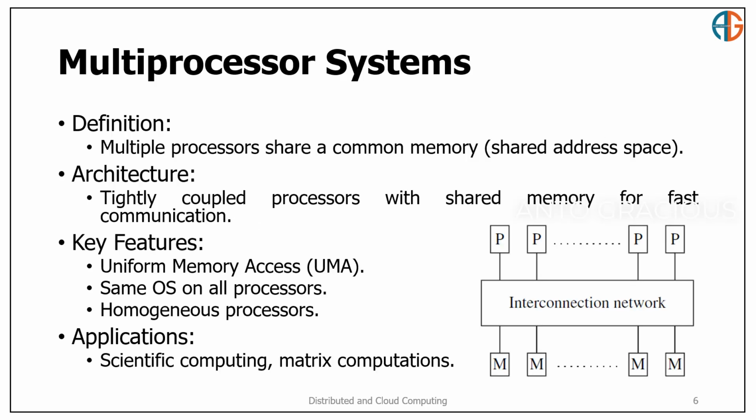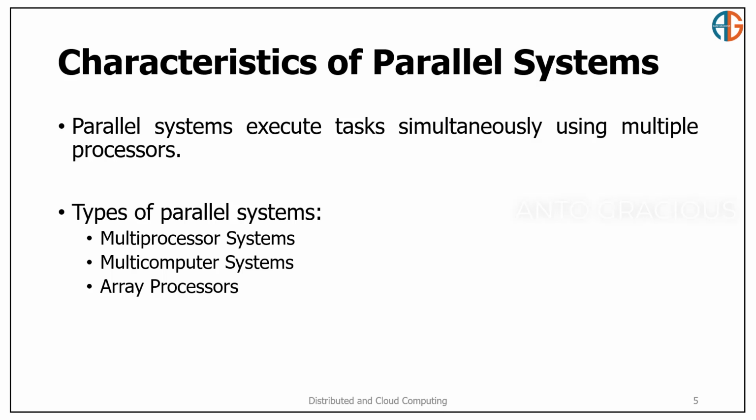Multiprocessor systems. Multiple processors share a common memory. 2. Multi-computer systems. Multiple computers are linked by a network, each with its own memory. Number 3. Array processors. These are specialized processors that work synchronously on large sets of data.